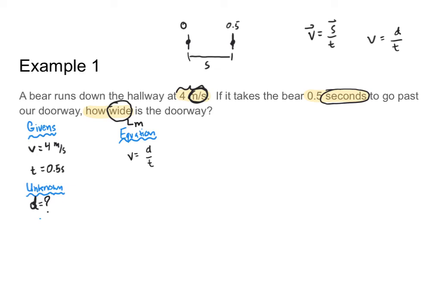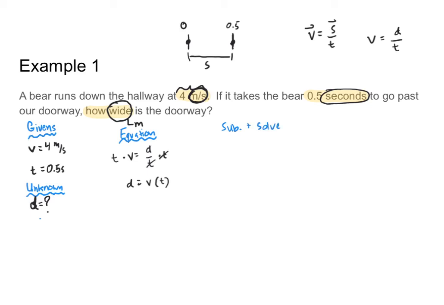And what I like to do, when I can, is isolate my unknown. And I can do that by multiplying each side by time to get distance by itself. So what that'll give me is that distance is equal to velocity, speed, times time. Now I am ready to substitute and to solve.